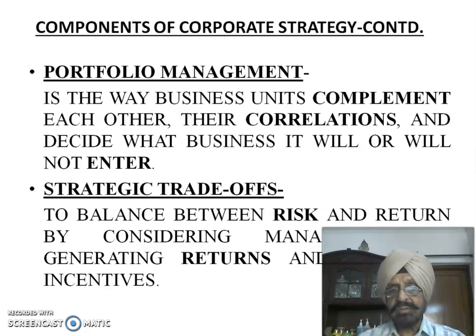But if you spend now, there may be greater loss, or there may be greater gain also. So we have to have a balance between risk and return. And how do we do it? By managing the risk, generating returns and providing incentives, so that there is something to fall back upon. So these are the four terms that we mentioned as components of strategic management.